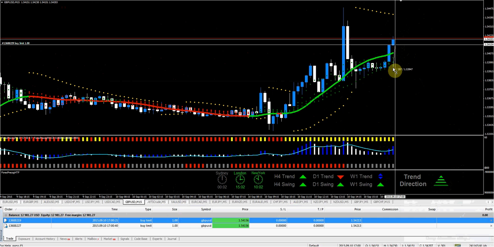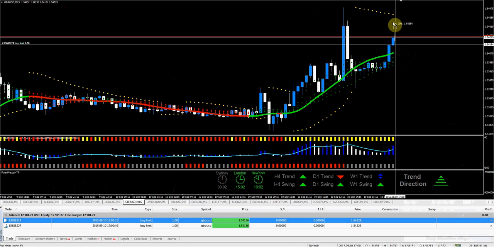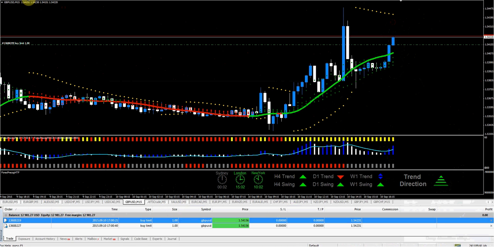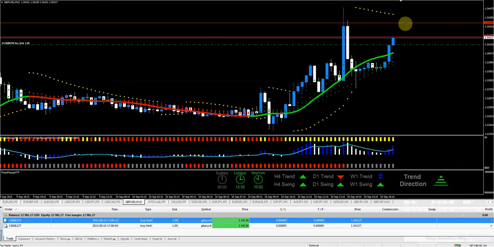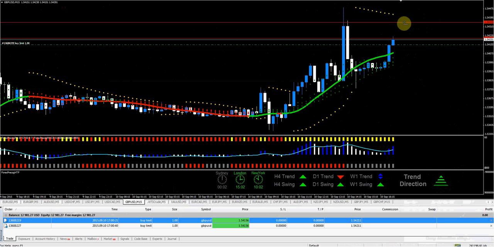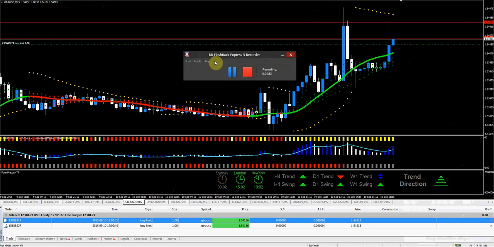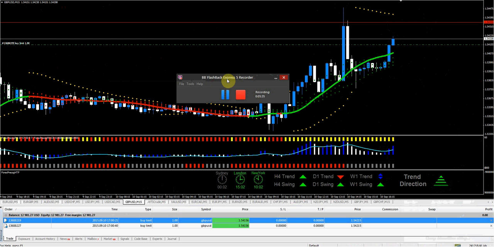So we were looking at about a 20 pip stop, which means a 20 pip take profit. All right, so if the market gets to that level before we get filled, I'll just go ahead and shut it down, close out these orders. All right, I'll pause it and I'll come back to you guys momentarily.